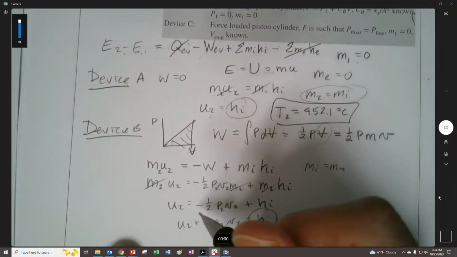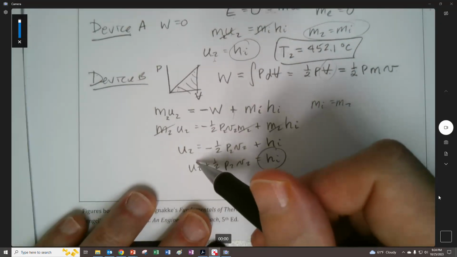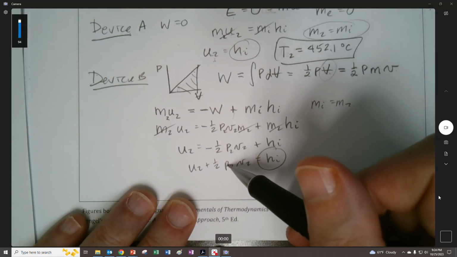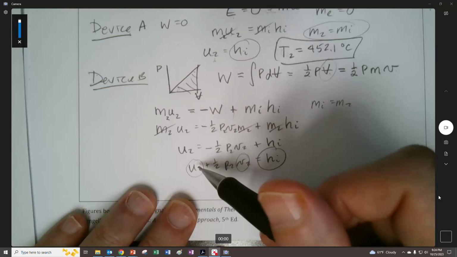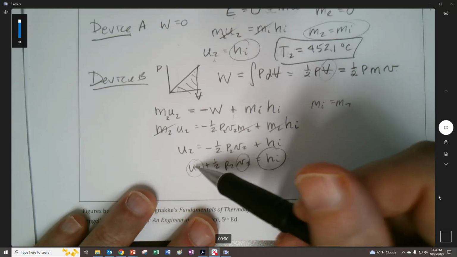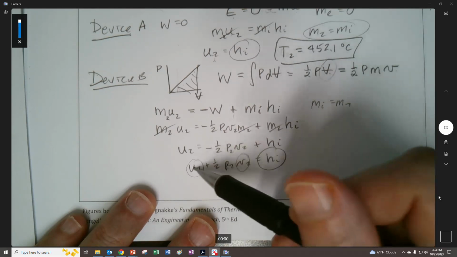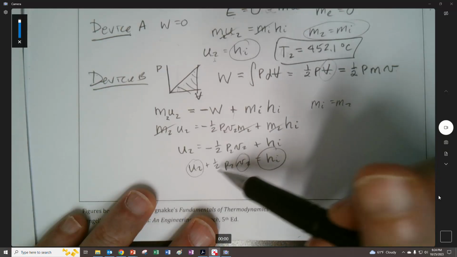But we're going to have to look into the steam tables to find some combination of properties. We know P2. We're going to assume that's 1,400 kilopascals. But we're going to look in the steam tables, through trial and error, for a combination that has the properties that, when you put these together, equal this. And you may need to interpolate to do it.